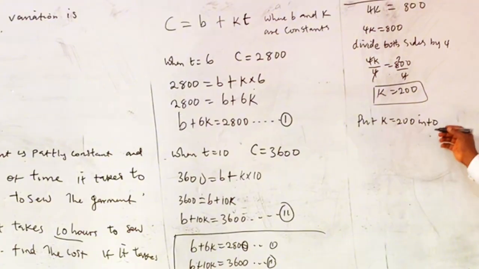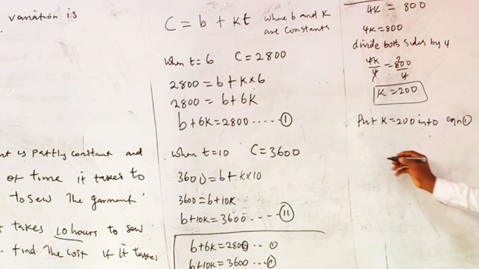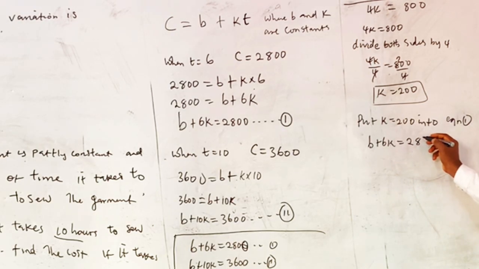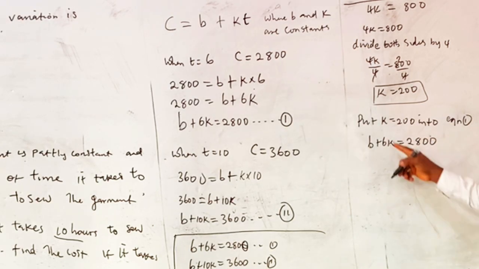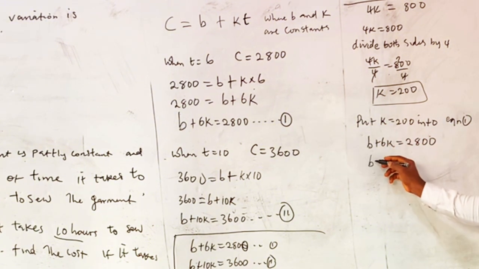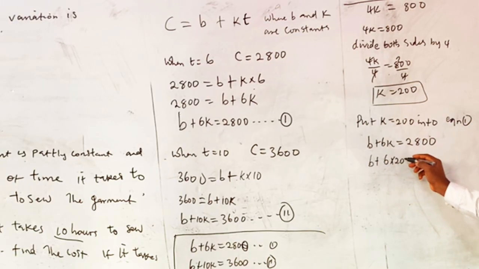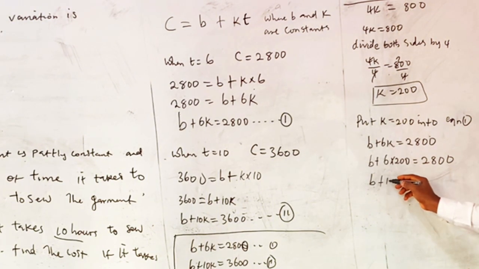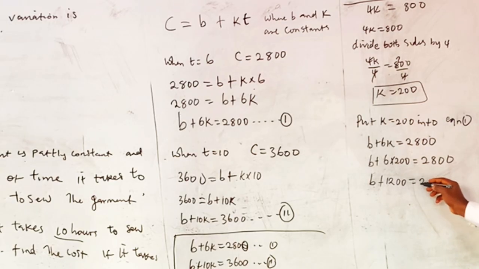Substitute K is equal to 200 into any equation at all. Let's use the smaller one, so I'll get small values, equation 1. Equation 1 is B plus 6K is equal to 2800. So anywhere we see K, we put 200. So B plus 6 times 200 is equal to 2800. What do we have? Is it 1200? B plus 1200 is equal to 2800.